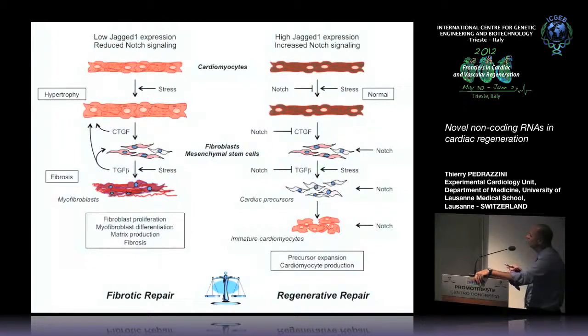Our findings seem to indicate that the mesenchymal stromal population is the prime target of Notch signaling in this situation. If we take Notch1 out of the equation by deleting Notch1 on cardiomyocytes, basically the phenotype is maintained. So it seems that the primary signal here is directed to the mesenchymal population.